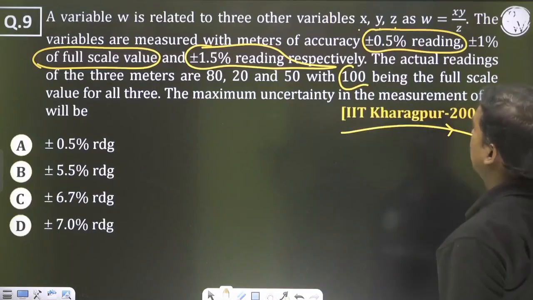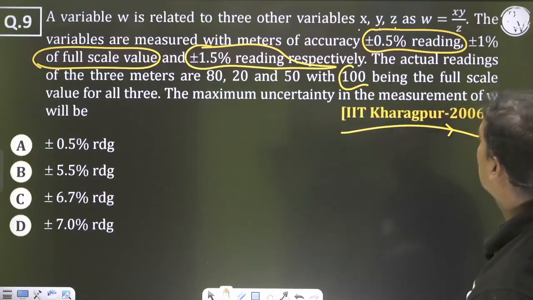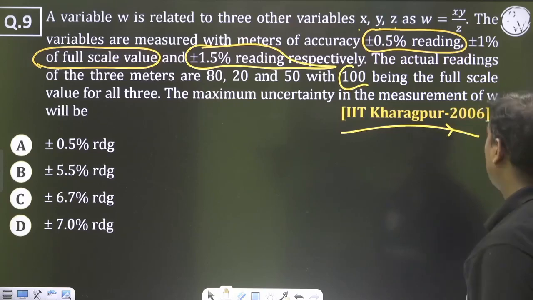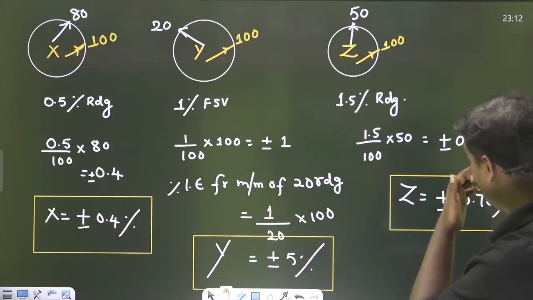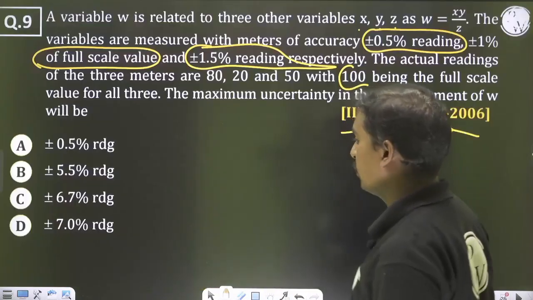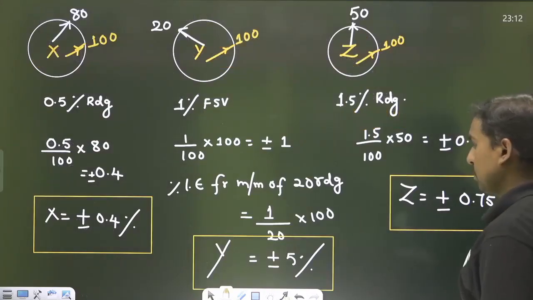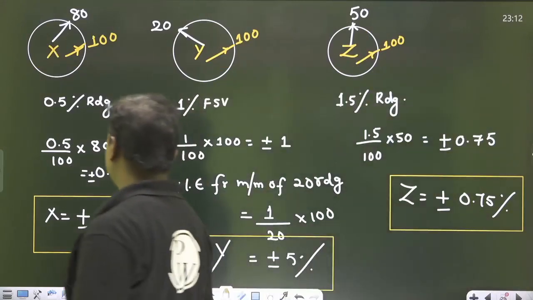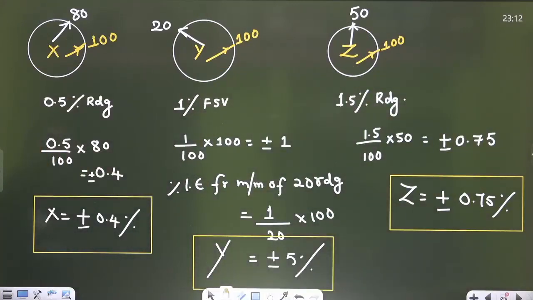Let's check. I think that should be 1.5% of full scale value. I think it's 1.5 by 100.